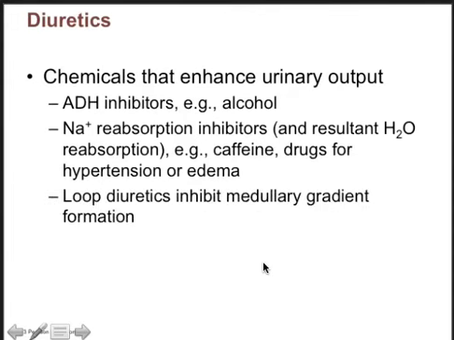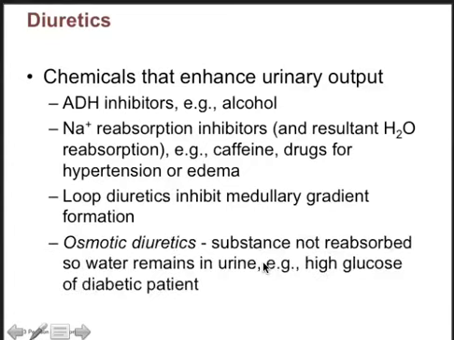Loop diuretics inhibit the medullary gradient formation, while osmotic diuretics are substances that are not reabsorbed so the water remains in the urine. Examples would be the high glucose of a diabetic patient, because you overload the ability of those pumps to put the glucose back into the bloodstream. So when the glucose stays in the filtrate, it draws water to it and it increases the volume of the urine.